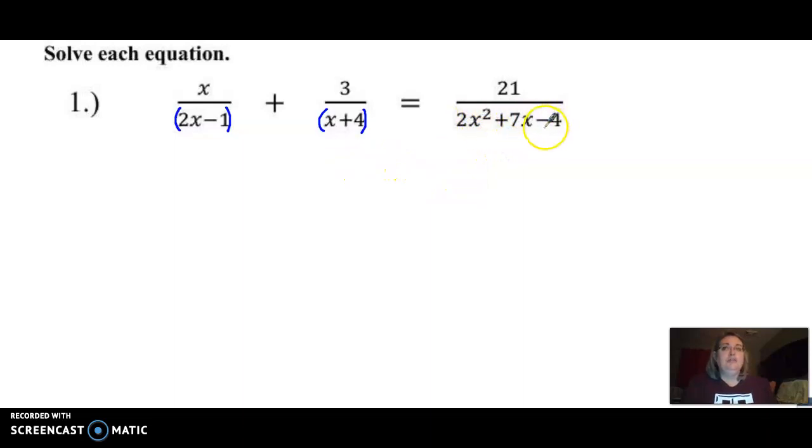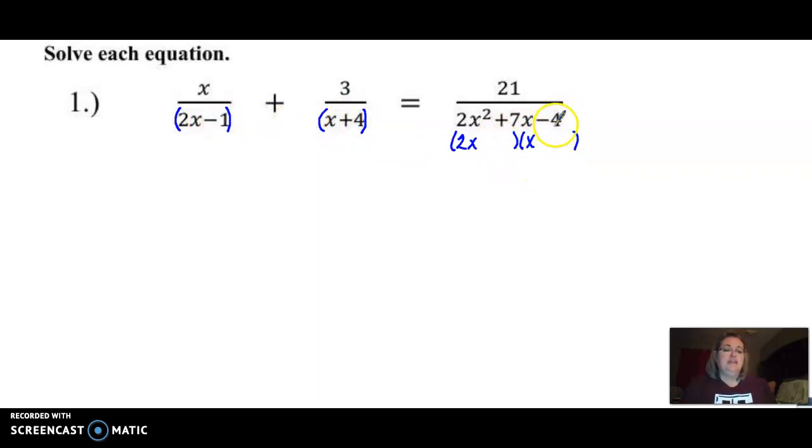Now this trinomial that's in the third fraction, we may want to try to factor it. I would start with 2x and x. Most of the time, the factors that we have over here are part of the factor that we've got here.